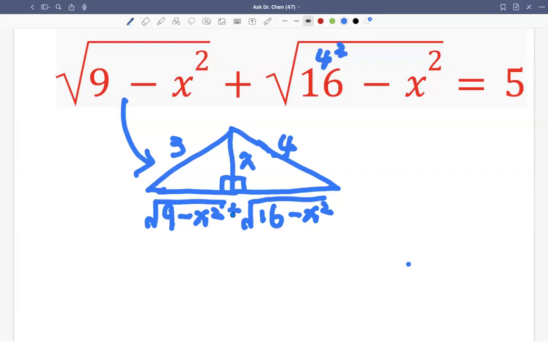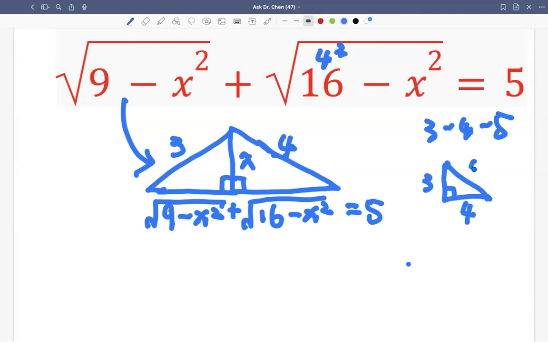Now, add those two, that's 5. So 3, 4, 5 is a Pythagorean triplet, which means you can form a right triangle with one leg 3, one leg 4, and the hypotenuse 5. So what does that tell us for this one?